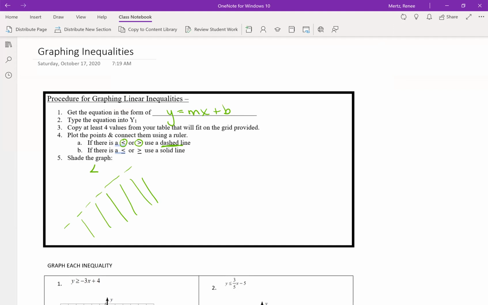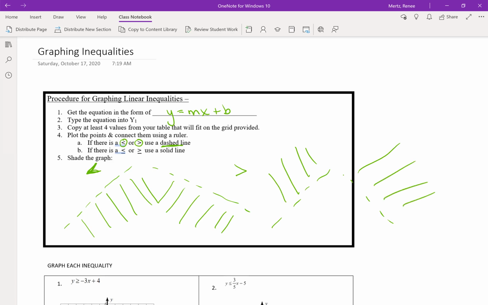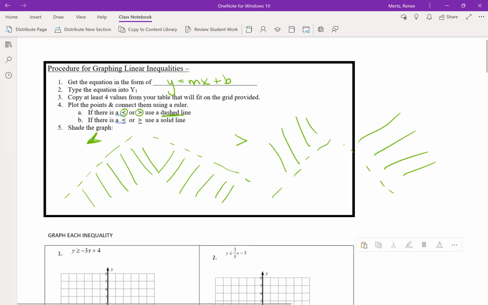If the line has a negative slope, we would shade below like this. I think about it as a roof inside the house for less than. Greater than, think about your sunshine. Greater than goes above, so above the roof. If that is weird to you, we can also do it by checking a point. I'll show you when we get to that.